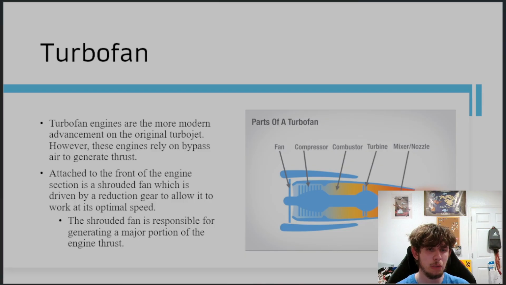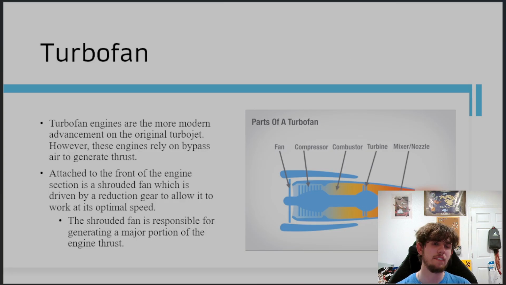Finally is the turbofan engine. It's the most modern version of the turbine engine. It's the most recent iteration and what we're still developing to this day to make quieter, faster, more efficient versions of. It uses the same turbojet internals of a compressor section, combustion section, turbine section, and nozzle.